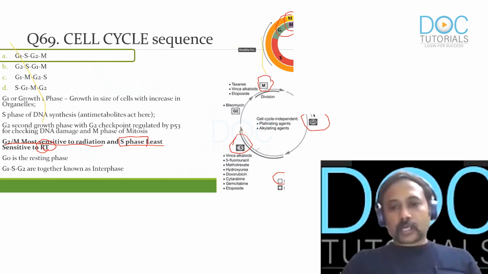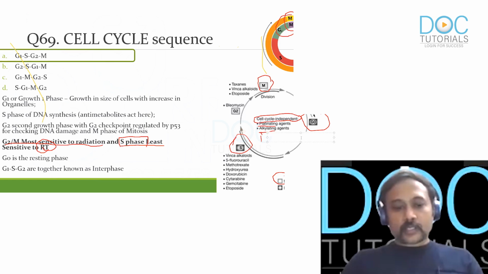Then you have the other drugs which will act. Here the question can be on the cell cycle non-specific drugs. The important agents are the alkylating agents, the platinum agents, and along with this you can also think of the anti-tumor antibiotics.